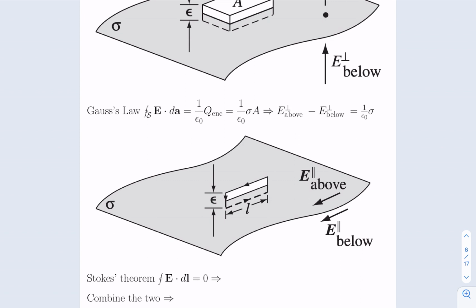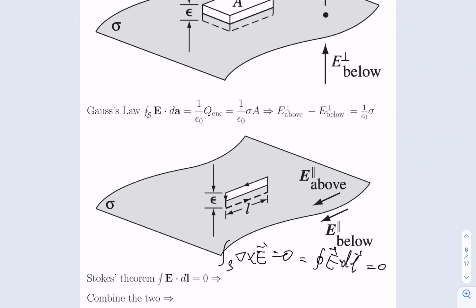Okay, so I think that many of you may already know that that is because the del cross E equals 0, right? And if we apply that to the Stokes theorem, the del cross E over any surface equals the line integral of E dot dl, and because for any surface that is 0, then the line integral of E dl gives you 0 again.